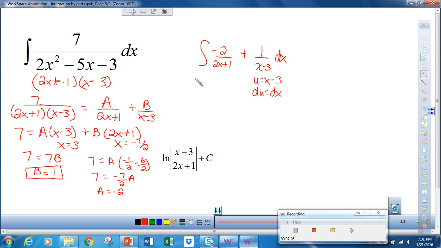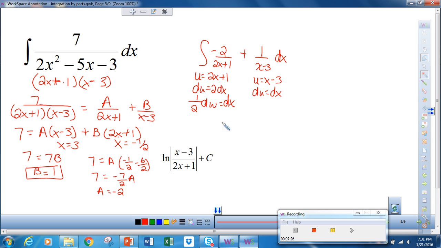However, when I let u equal 2x plus 1, what do I now get when I have du? du is equal to 2 dx. I don't have 2 dx in my problem, so I have to divide that by 2, so I get 1/2 du is equal to dx.